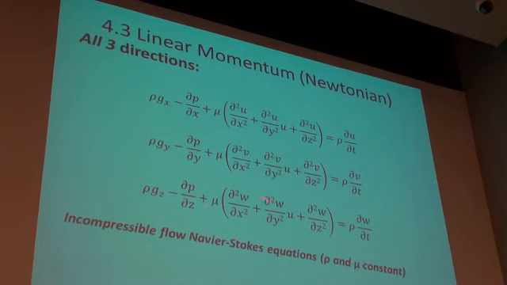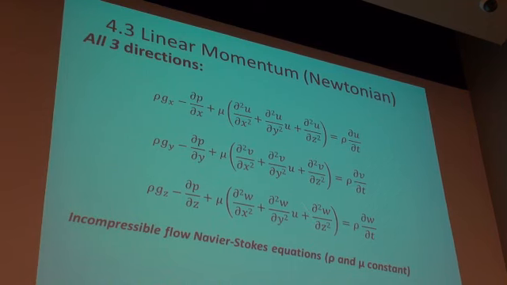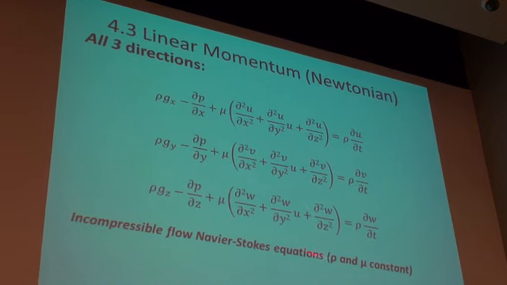Three different directions. These equations are called the Navier-Stokes equations, because in the derivation from here to there, we've made the assumption that the viscosity is constant and also that the density is constant. These are the equations that you're going to solve in CFD.